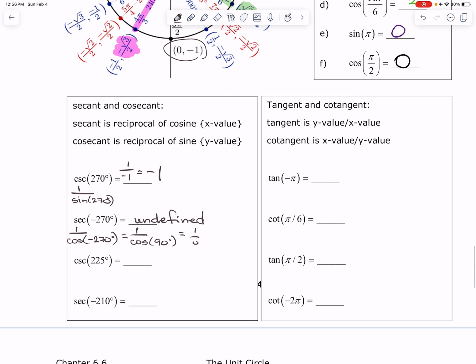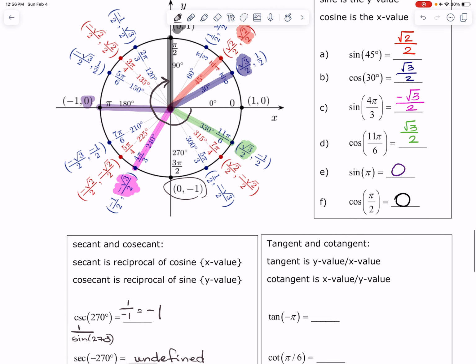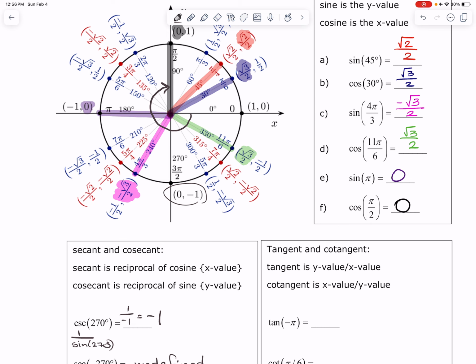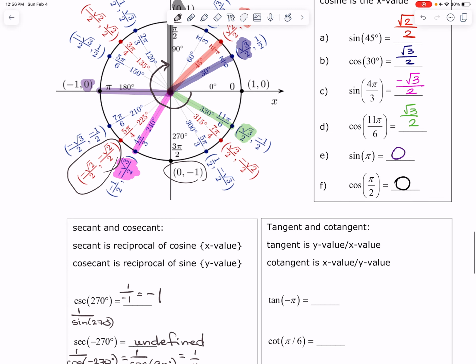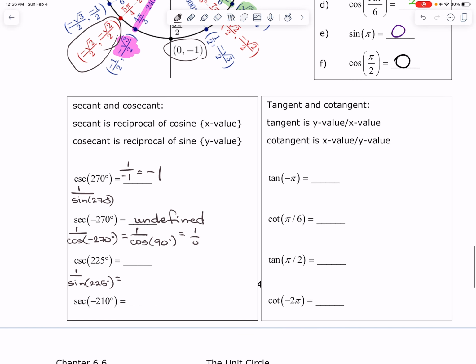Cosecant of 225, that is 1 over sine of 225 degrees. Sine at 225, that's our 5 pi over 4. My sine is negative square root of 2 over 2.